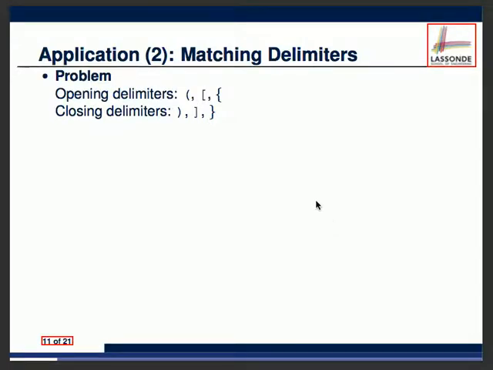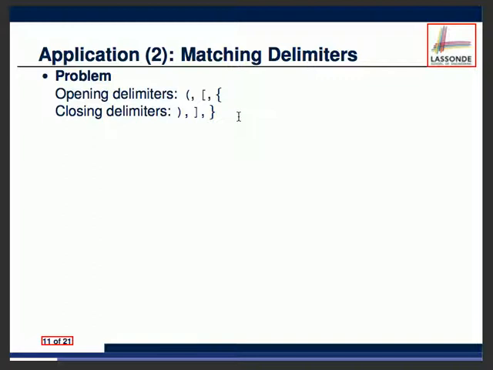You can see these ones are opening, and they have matching ones. For example, the left round parenthesis should match the right round parenthesis, the opening square bracket should match the closing one, and also the opening curly brace should match the closing one. Okay.